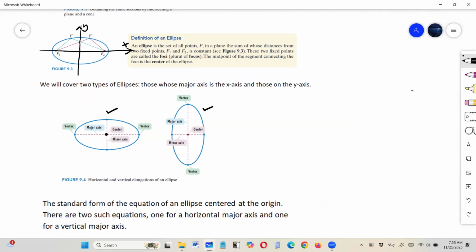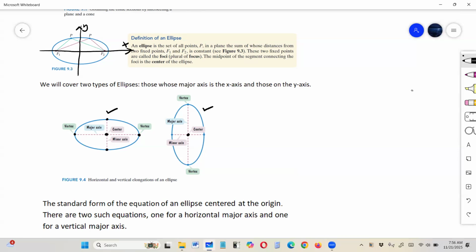We are going to have a center, just like the circle. It's very similar to the circle. Both have a center. And we are going to have these key points around. We can call them vertices. Usually the vertex is only where the major axis is, but we can call all four vertices.